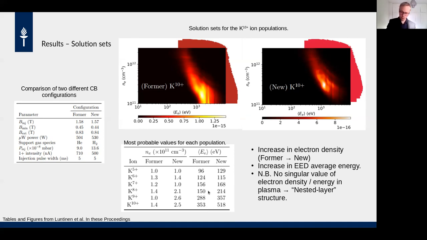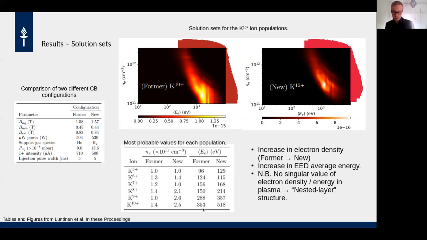Especially in the case of the average energy, we can see a trend of increase in energy as we move towards high charge states downwards in the table. And especially in the case of the new configuration, we can also see that the electron density is higher for the higher charge states.